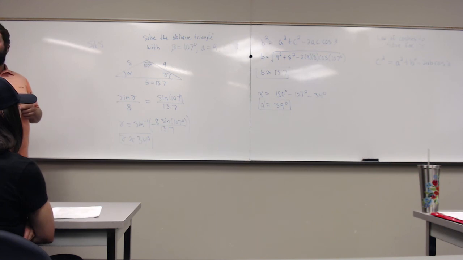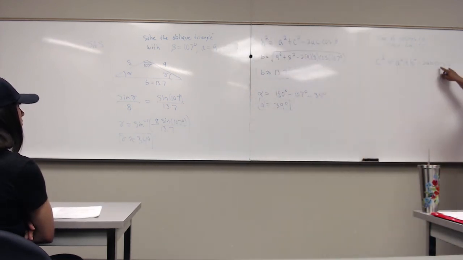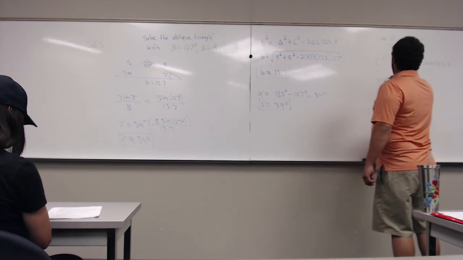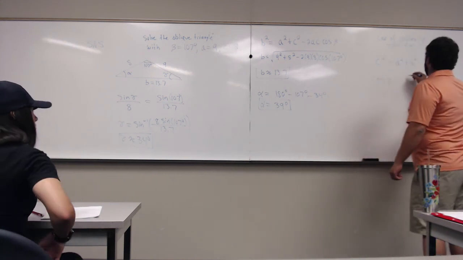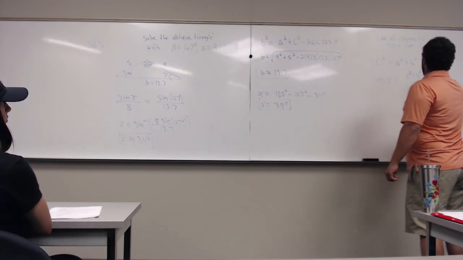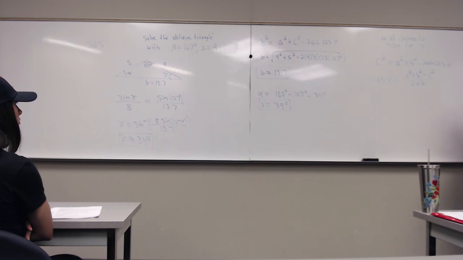If I solve for cosine gamma first, cosine gamma is going to end up being a squared plus b squared minus c squared over 2ab. And then it'd be arc cosine.